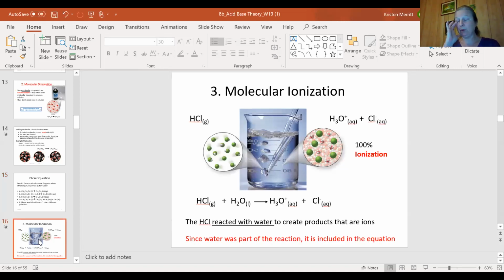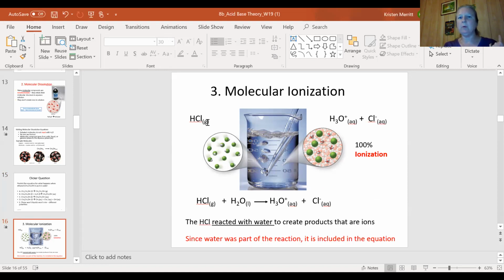Okay. The third type is molecular ionization, and we're actually going to go in depth with this at the acid-base portion. And this is what happens when you have an acid mixed with water. Something very important to notice, this is HCl. When it's got a non-aqueous in front of it, we call this hydrochloric acid when it's dissolved in water, when it's aqueous.